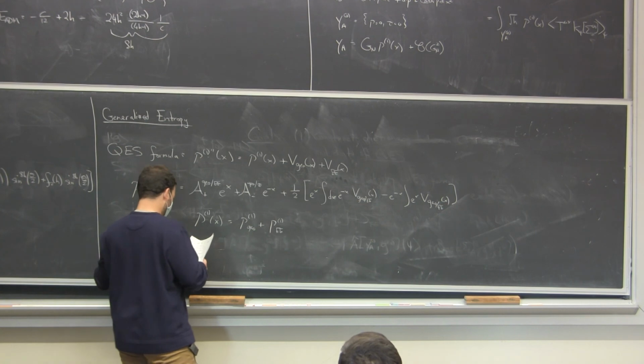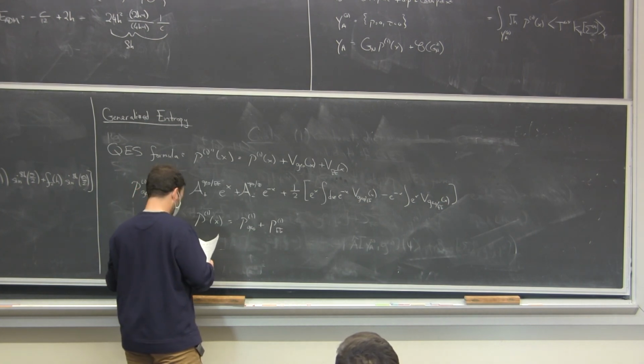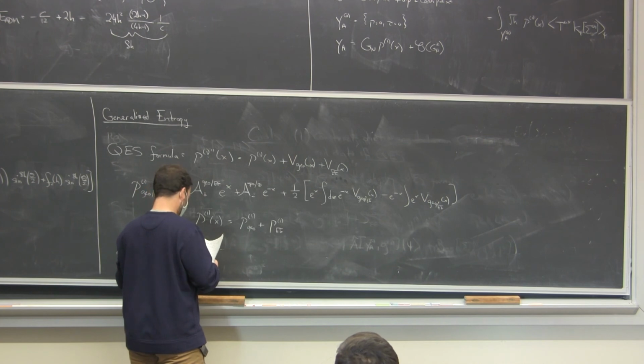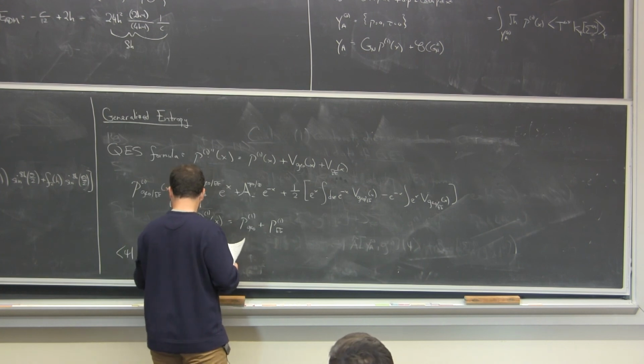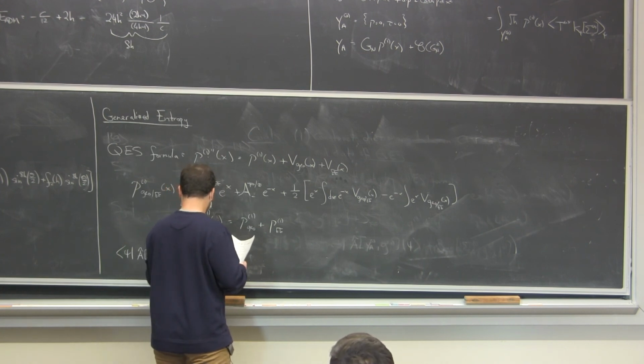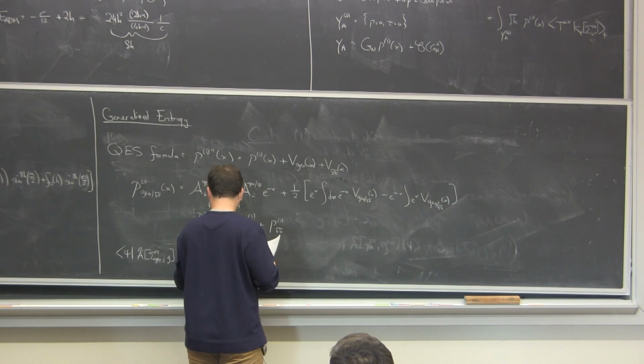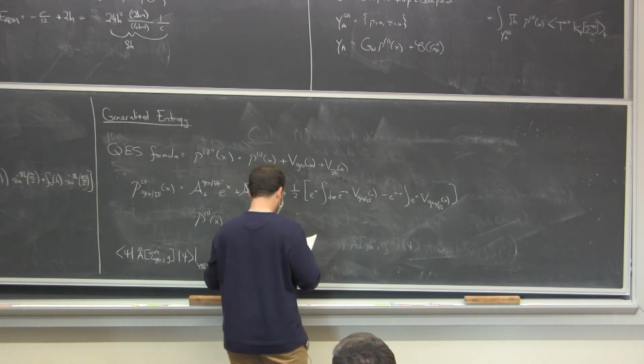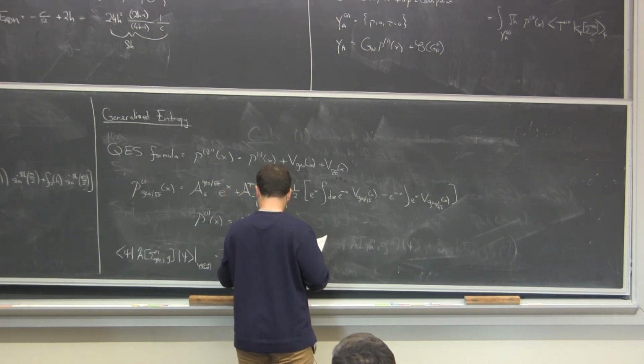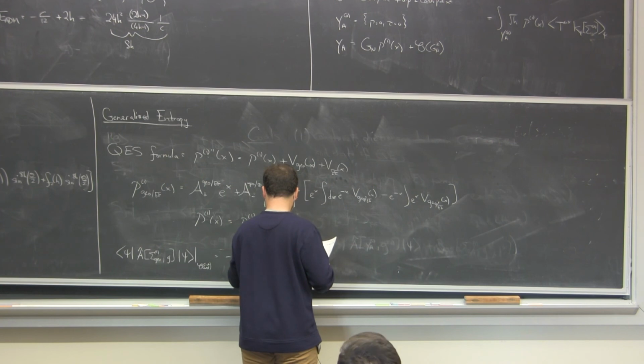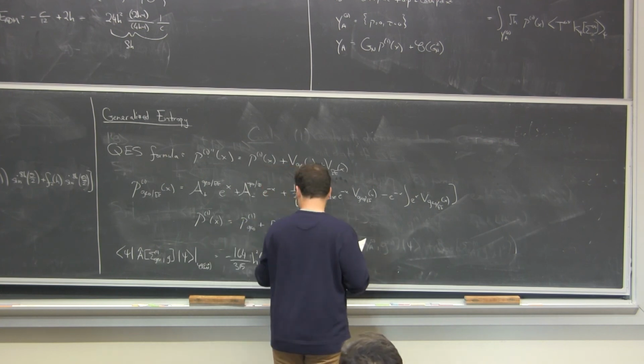Okay, and what you get is this, the geometric contribution to the quantum extremal surface, plus terms that depend on theta to the 4h and theta to the 8h.